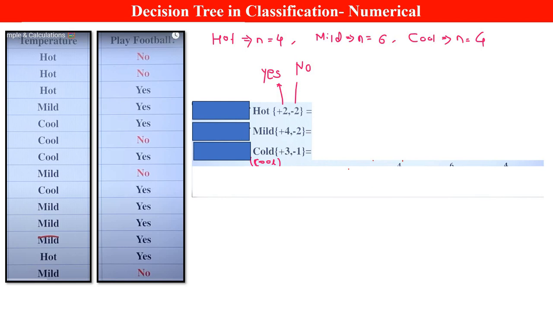Now let us take the second, temperature. In the case of temperature, we have hot, mild and cool. Hot is coming 4 times.